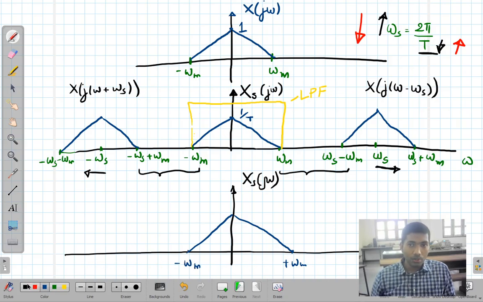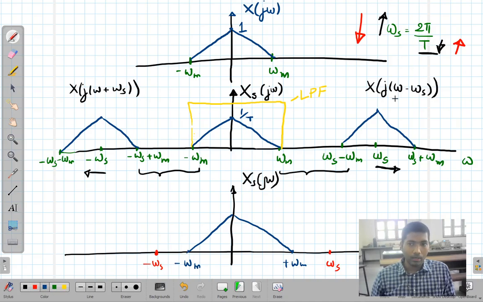And suppose I am choosing a high capital T such that omega s is small. Instead of a high omega s, suppose I am choosing an omega s somewhere over here. So minus omega s is somewhere over here.